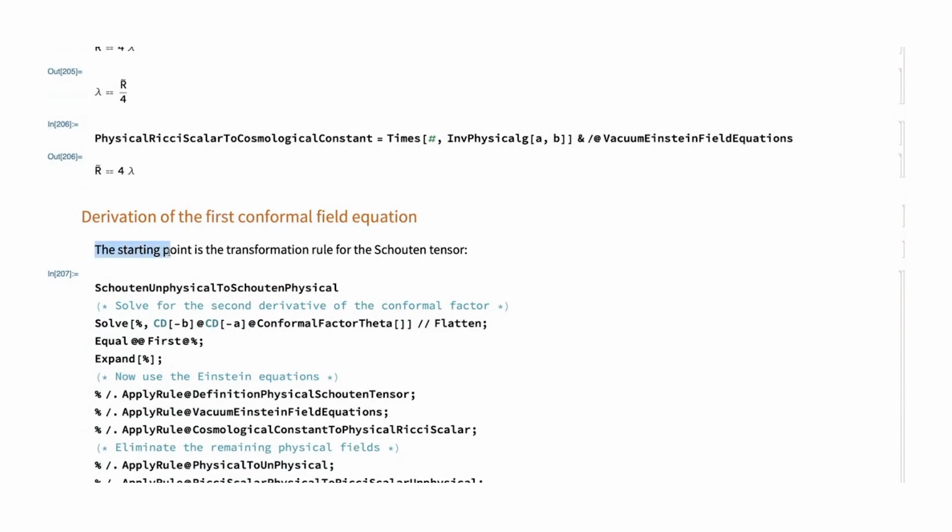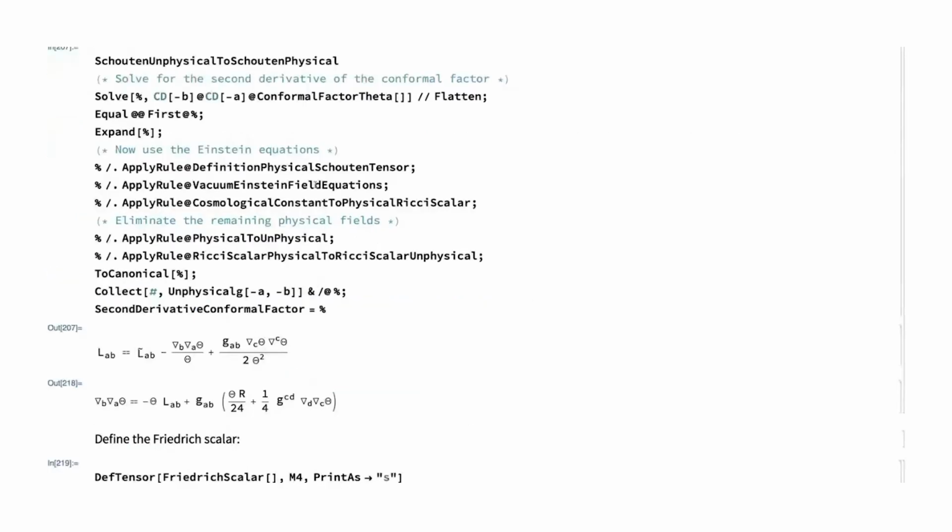These equations start from the transformation rule for the Schouten tensor. It's basically a trace-reversed, or trace-modified, version of the Ricci tensor, which naturally appears in conformal geometry. Starting from that transformation, there are a number of steps that allow you to rewrite the transformation as a conformal equation, right?